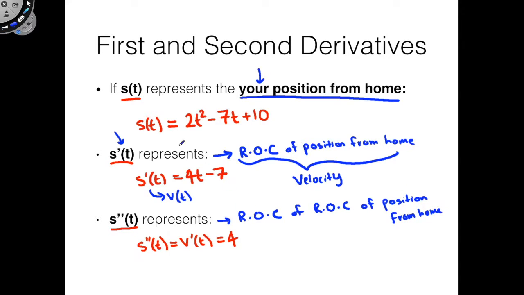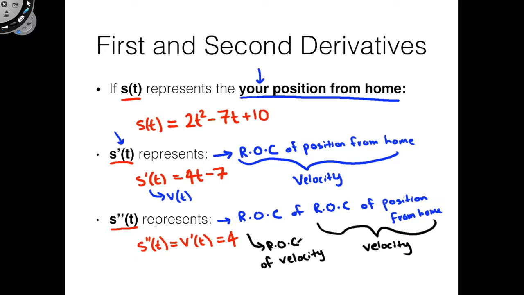Right? I can interpret this using two rates of change, a double rate of change, or I could simply realize that all of this is basically velocity and say that the net statement is that this would be a rate of change of velocity. Okay?